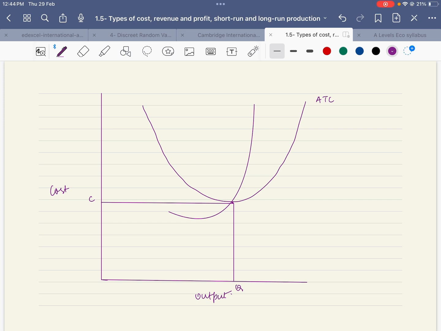For firms who wish to maximize profit, the chosen output will depend on the relationship between the revenue and costs. The revenue for a firm operating in a perfectly competitive market is different, and the revenue for firms operating in monopolistic and oligopolistic markets are different.